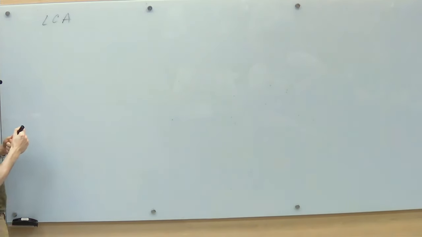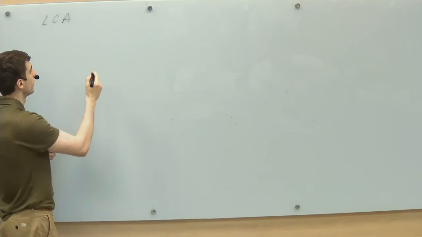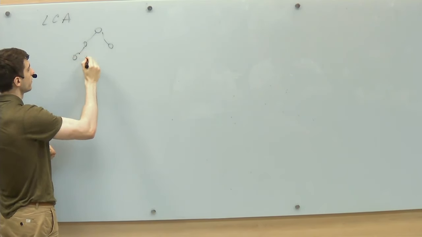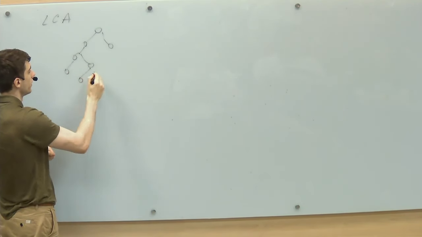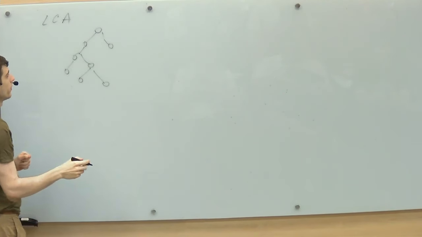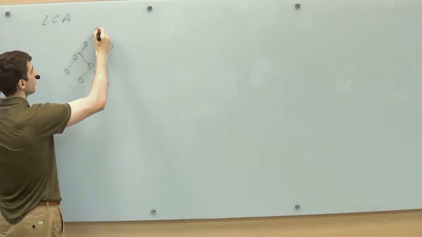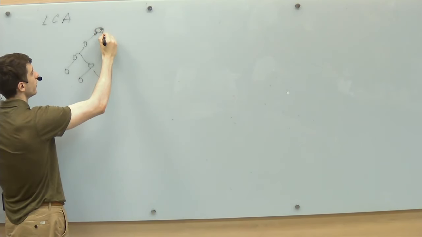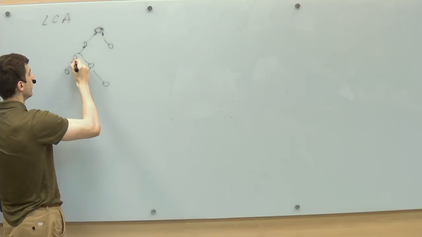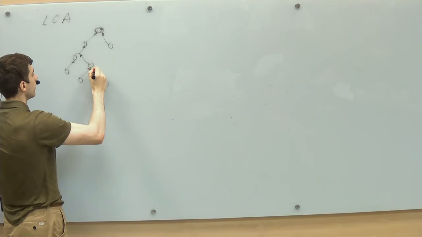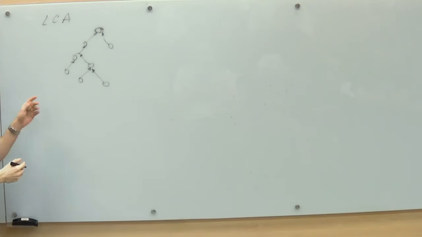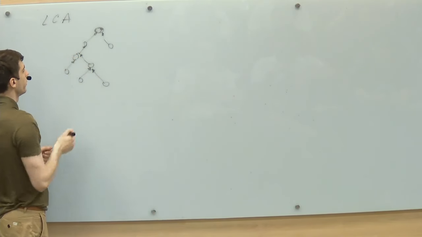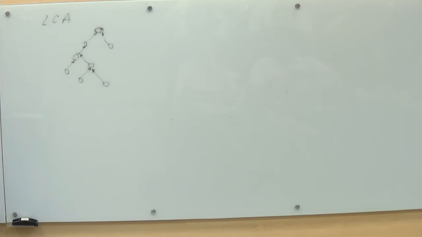So first, let's consider a tree. Everyone knows what a tree looks like. This tree will be particularly a rooted tree. So for every vertex except the root, we will have exactly one ancestor, or parent.